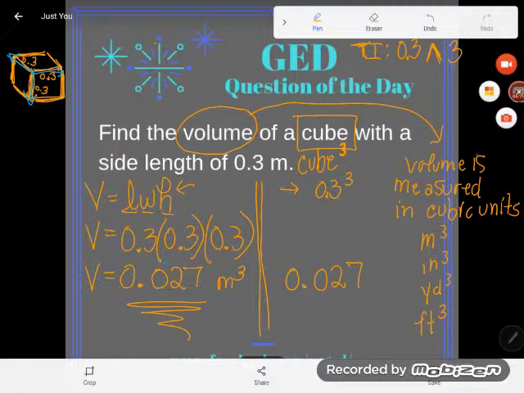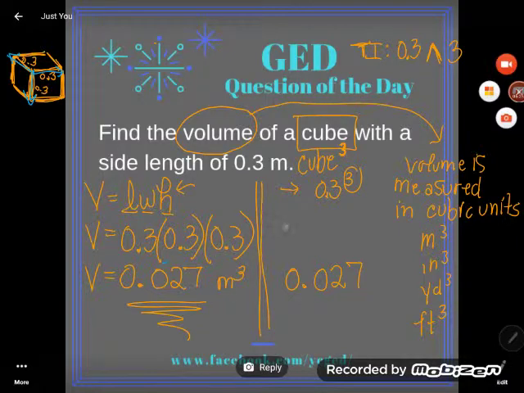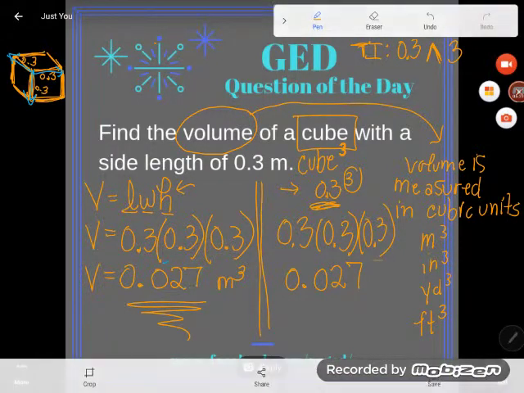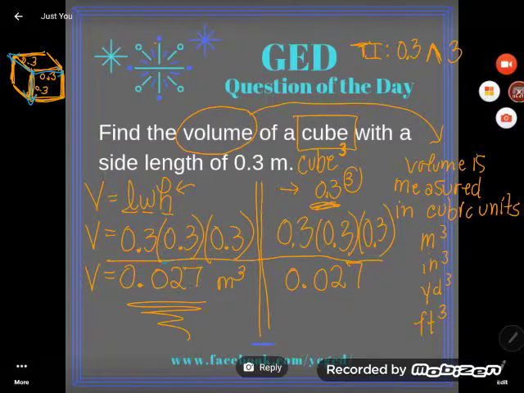Why is it called a cube in the first place? Well, because what it means to raise something to the third power, it's the expanded form of saying take this number 0.3, and multiply it by itself 3 times. 3 0.3s multiplying. And it looks a lot like that, doesn't it?